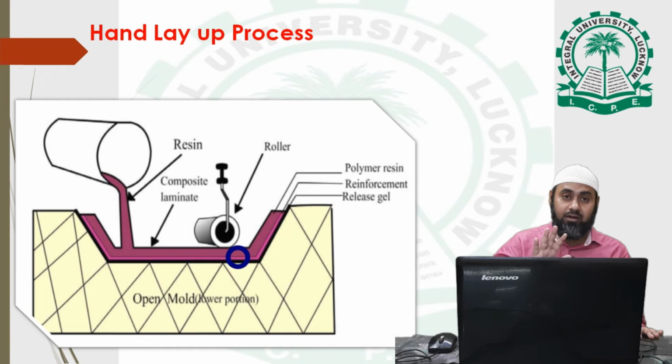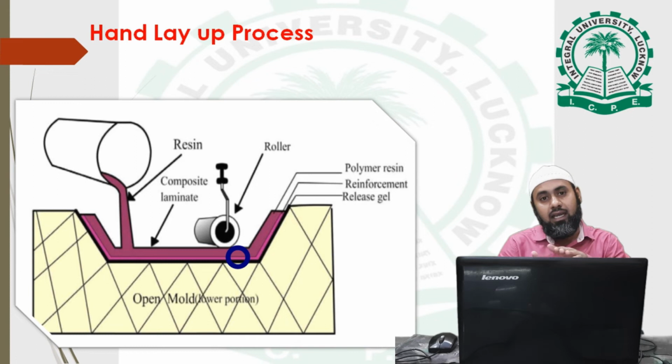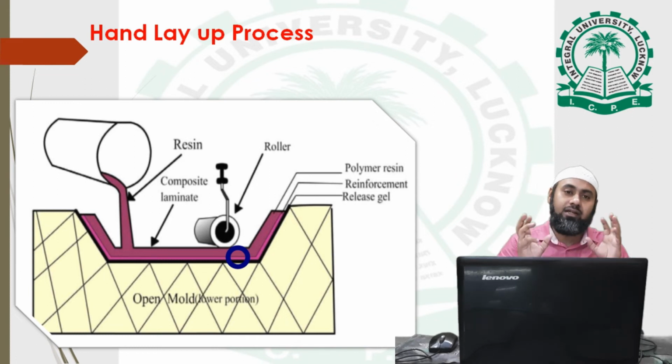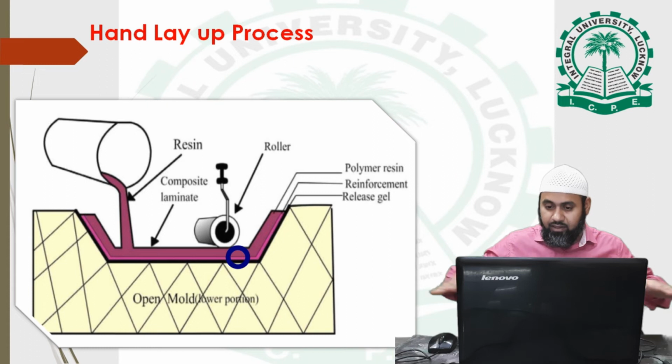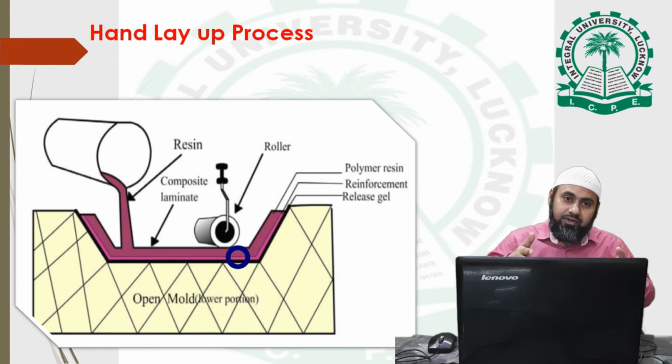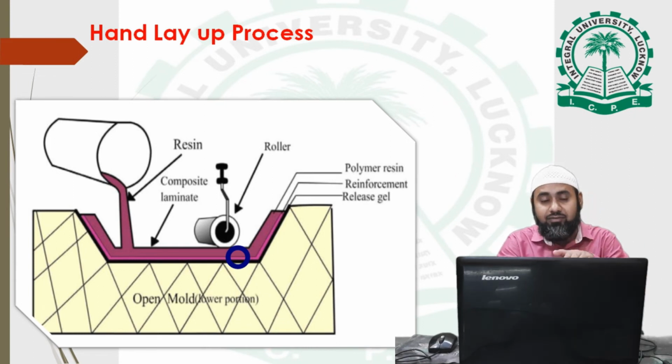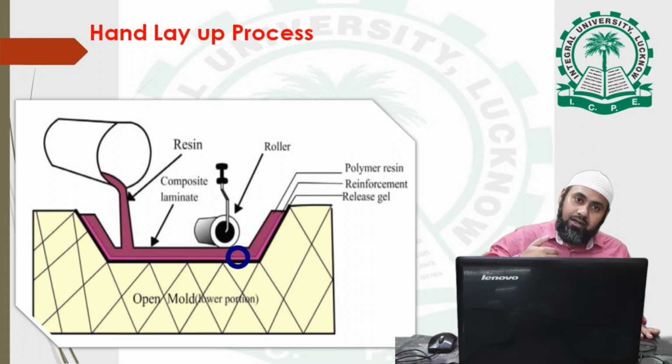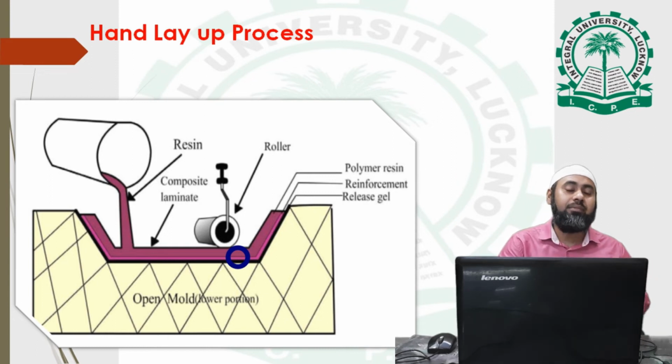The purpose of applying pressure is to remove the air trapped between the resin and reinforcement, because when we are pouring the gel on the reinforcement, there are high chances that some air bubbles may be trapped between the reinforcement and polymer resin. So we apply some pressure to remove the air bubbles trapped between the polymer resin and reinforcement.